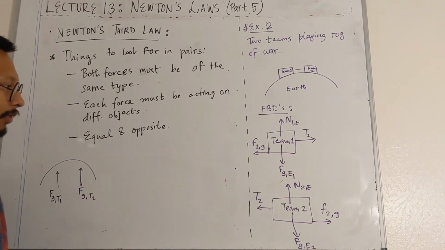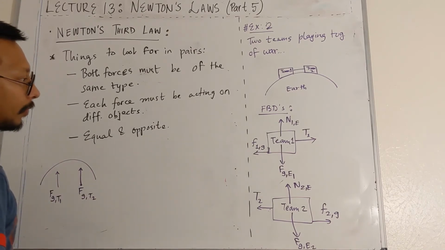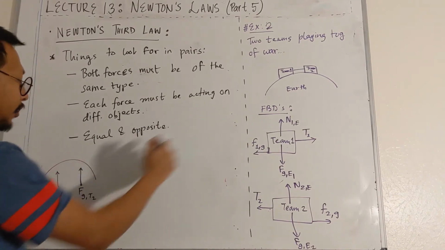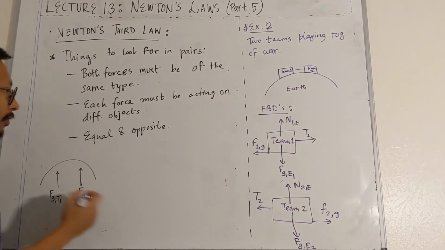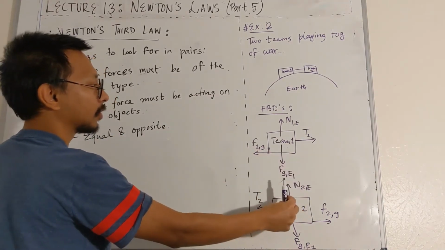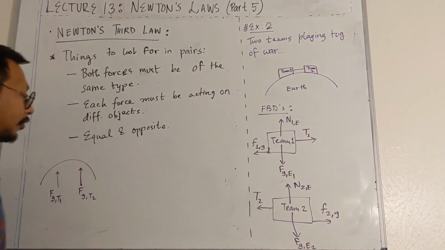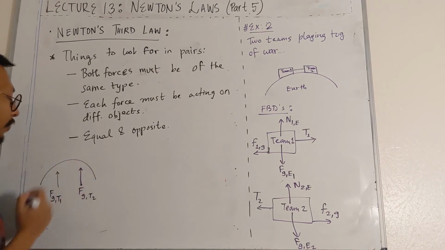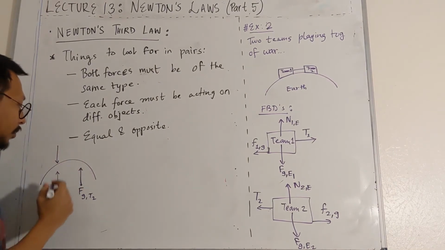FGT2. What else? We have the normal force exerted by both teams, since both teams feel the contact normal force upwards perpendicular to the ground. The ground will feel the same force perpendicular to it downwards.